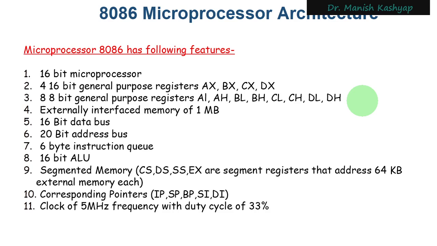One good thing about 8086 is that unlike the 8085 microprocessor, you will notice that in the instruction set there are commands for multiplication and division as well. However, in 8085 these commands were absent. So the instruction set of 8086 microprocessor is richer as compared to 8085. In the 8085 microprocessor, we had 74 instructions.